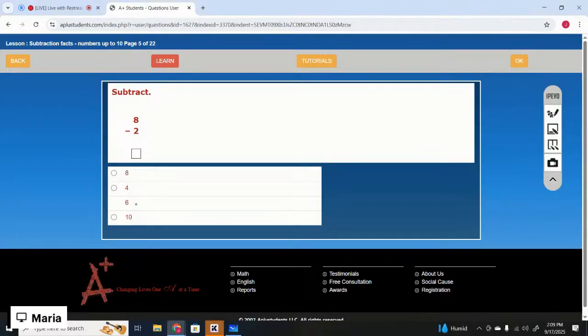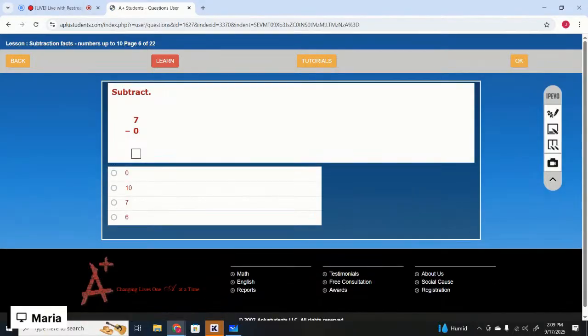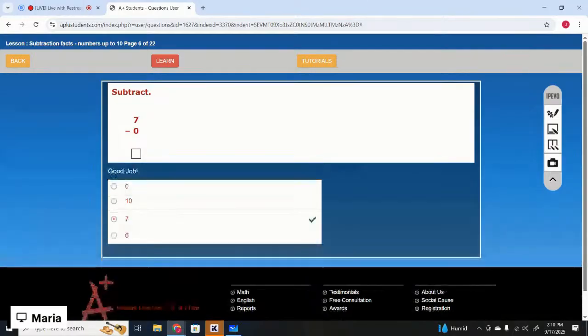Option number 3 is the correct option. 8 take away 2 is 6. Seven take away 0. Seven take away 0 is 7. Option number 3 is the correct option.